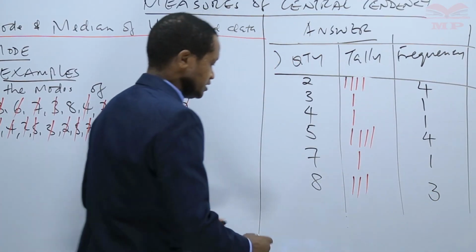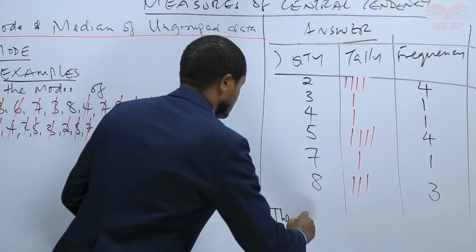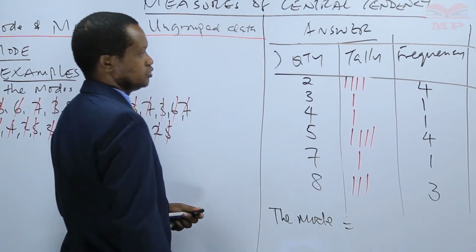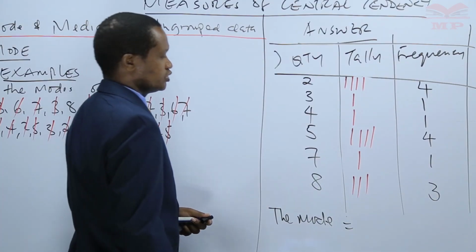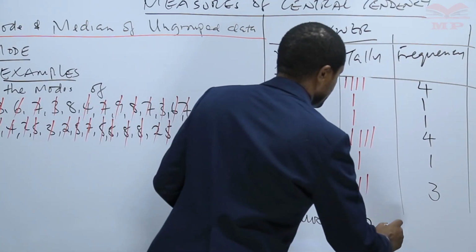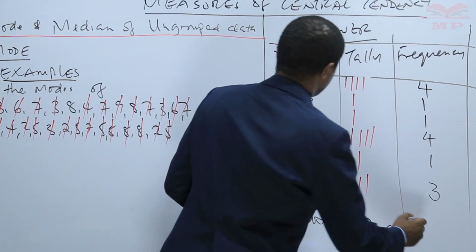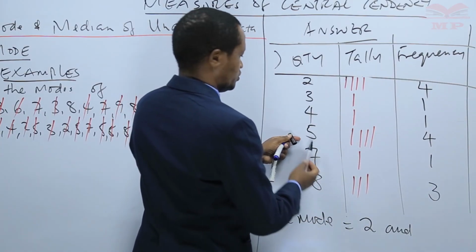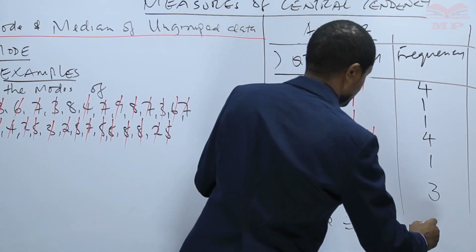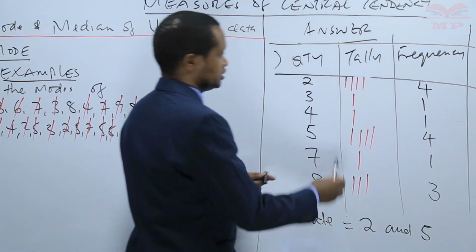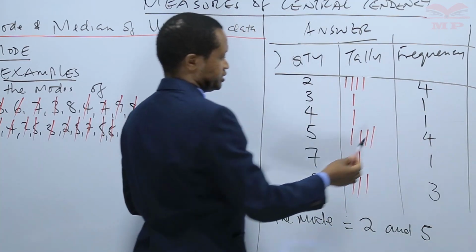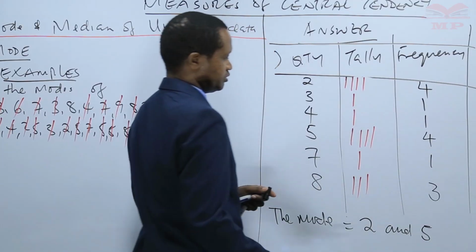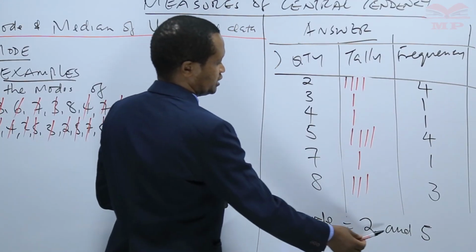So the answer, the mode is equal to 2 and 5. 2 appears 4 times, 5 appears 4 times. So the mode is 2 and 5.